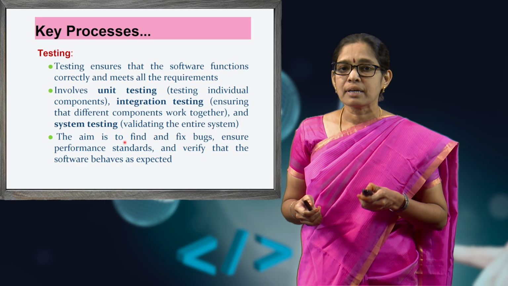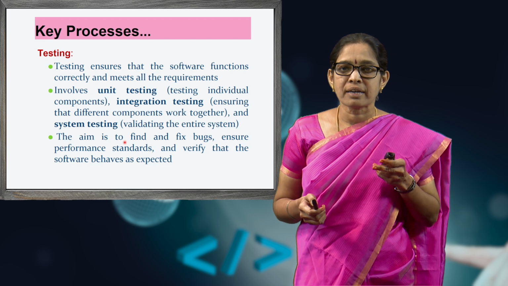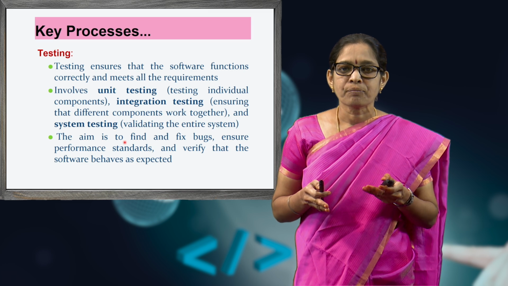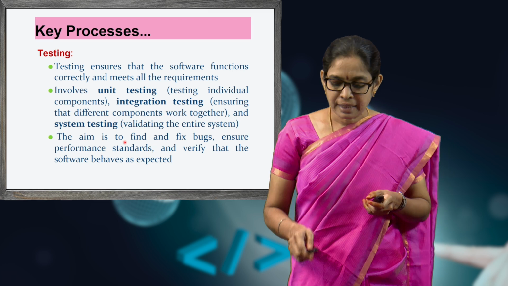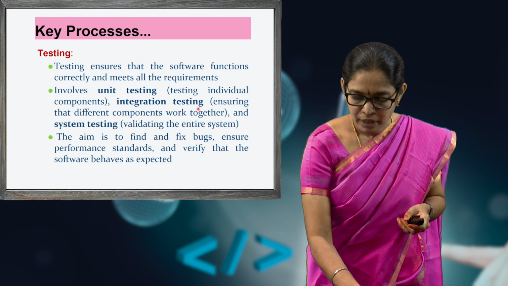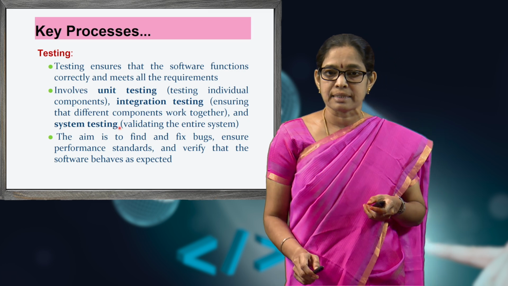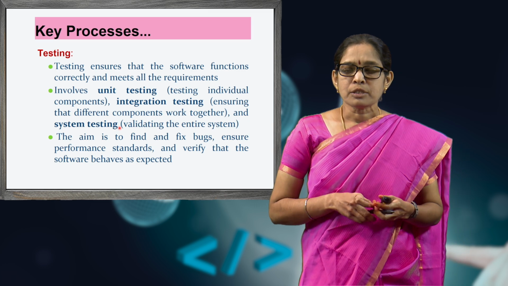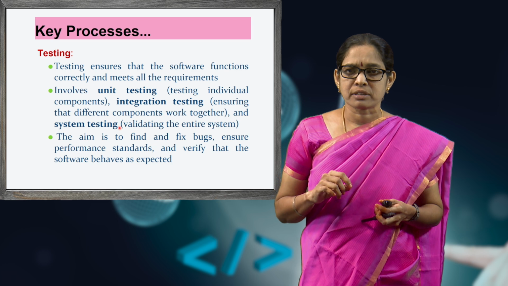Next phase is testing. Testing ensures that the software functions perfectly, which means it satisfies all the user requirements. Here it involves unit testing, integration testing and system testing to ensure the software functionalities. The first one, unit testing, is used to test the individual components of the software product.